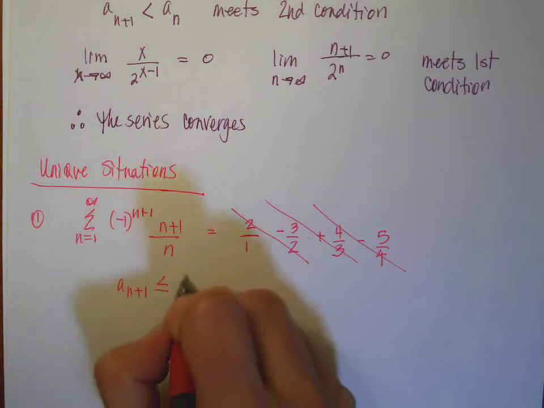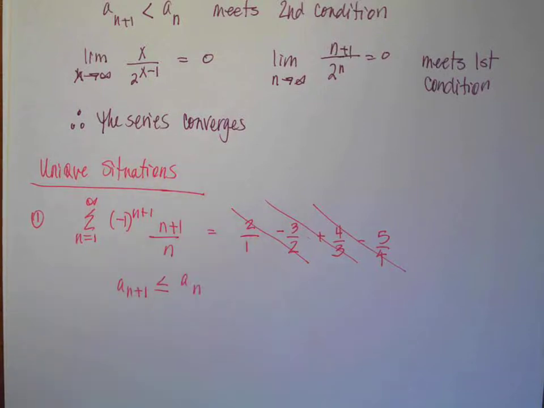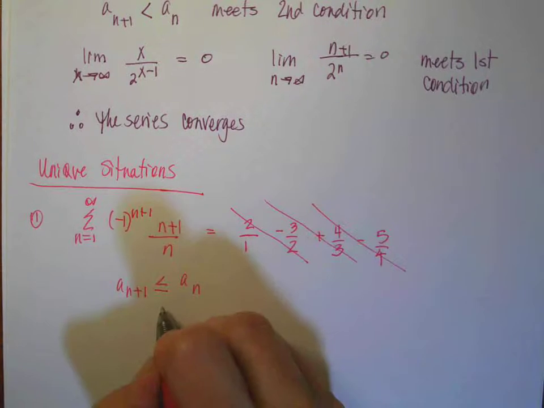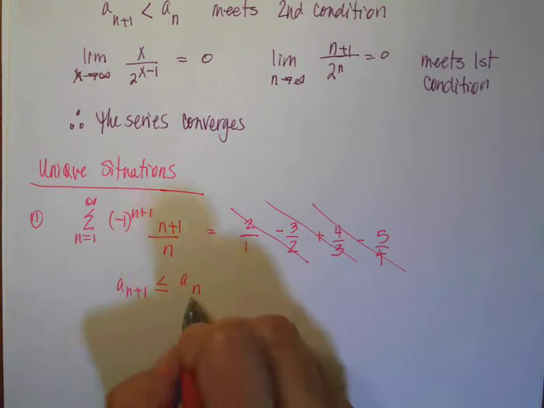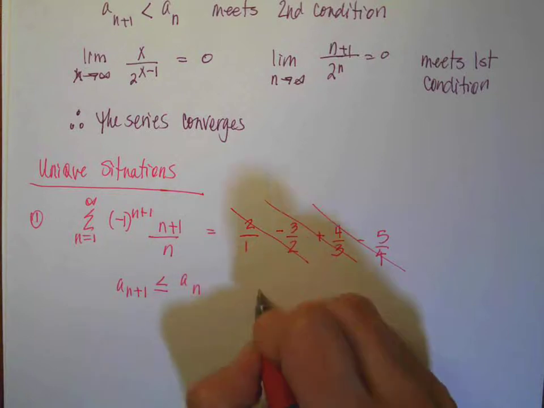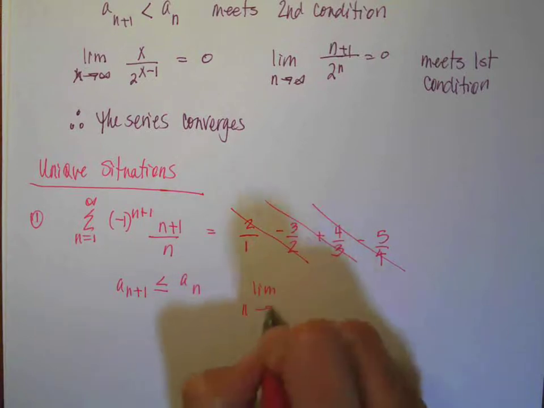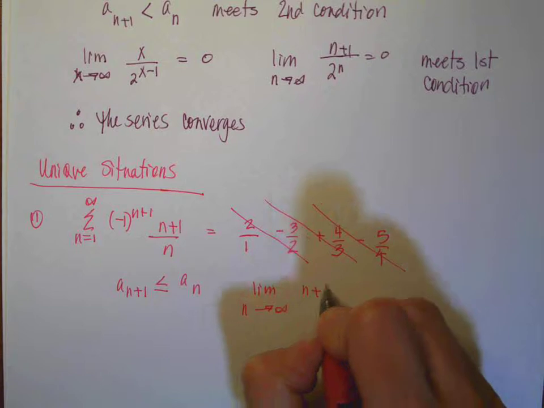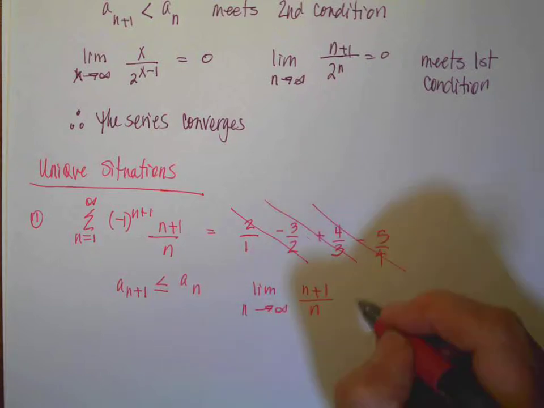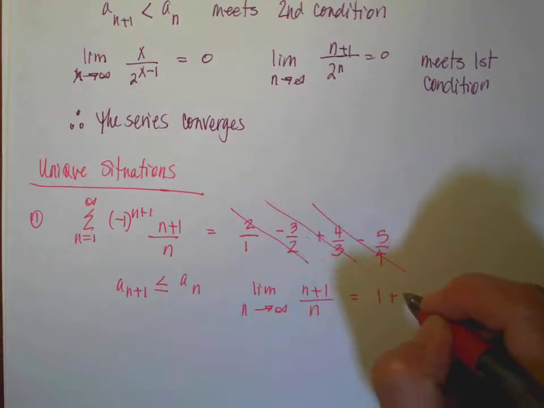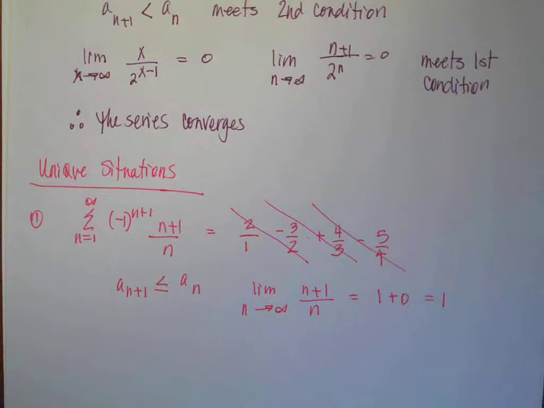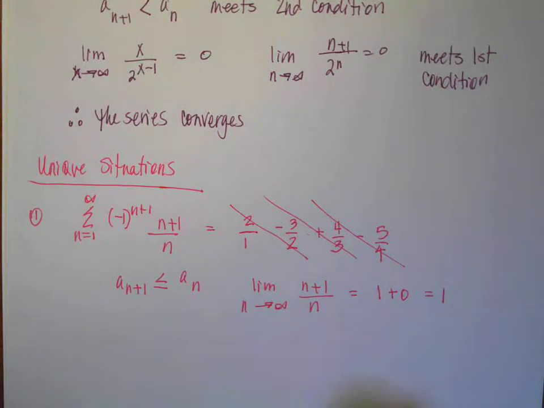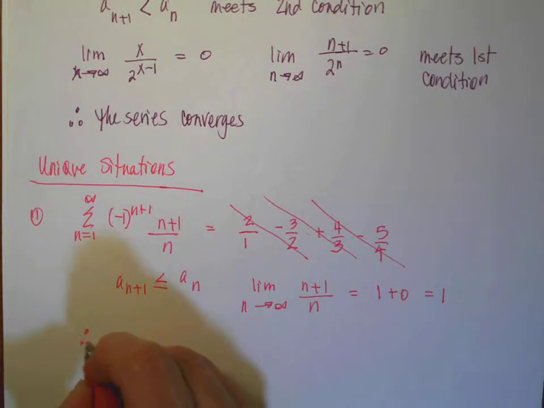So we know that the next term is less than or equal to a sub n, so I've satisfied my condition of the second being less than the first. But if I take the limit as n approaches infinity of (n + 1)/n, this is going to be 1 plus 0, so this is 1. And so this doesn't pass the first test, because the limit had to be what? So it doesn't satisfy that first condition.